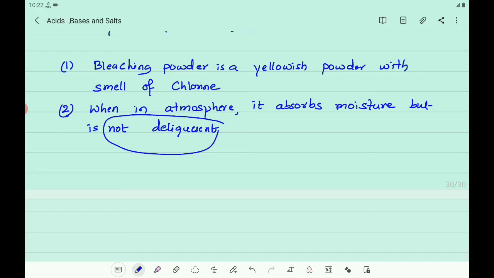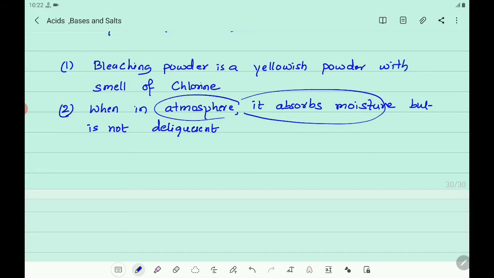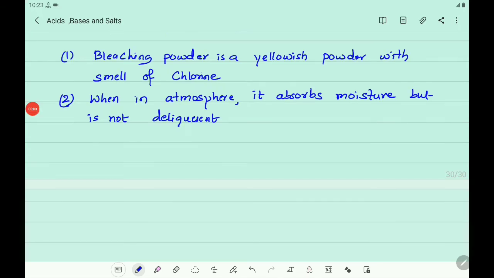So it is non-deliquescent. That is one of the important properties of bleaching powder.